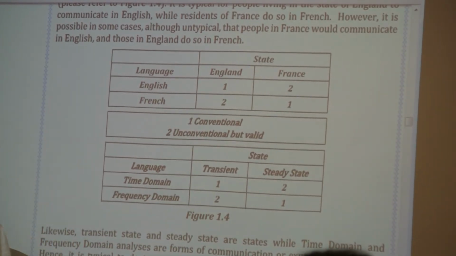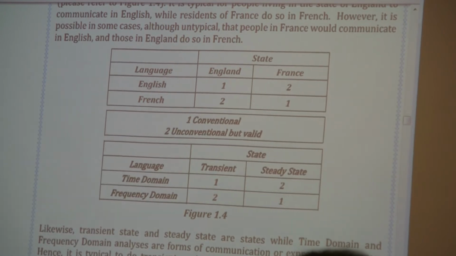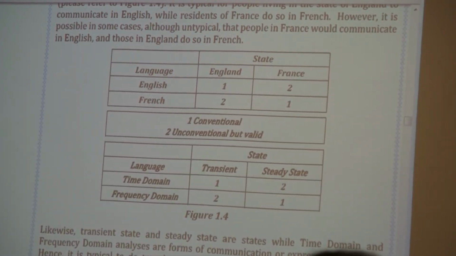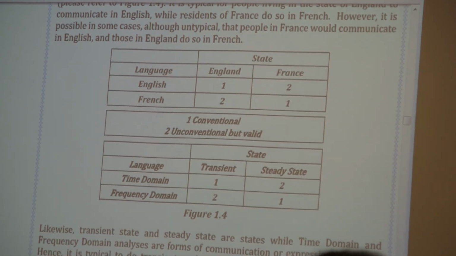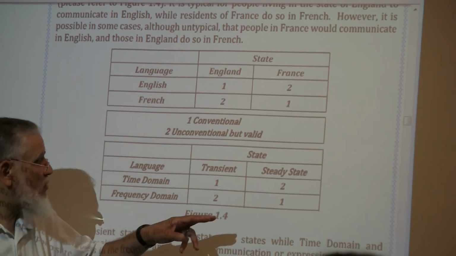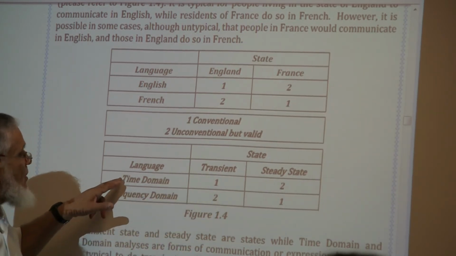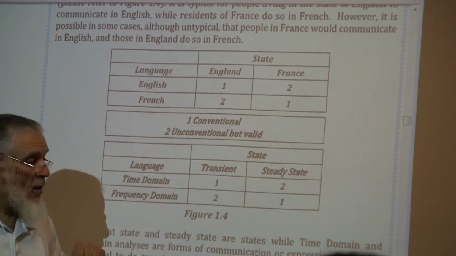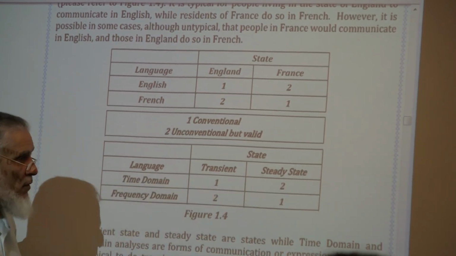You have all seen the bounce diagram before. Typically, the bounce diagram is done in the time domain because you can see the signal bouncing back and forth, reflecting. We will do it in 3D. That's very unconventional. I'm doing a steady state analysis in the time domain, and I'm doing transient in the 3D.